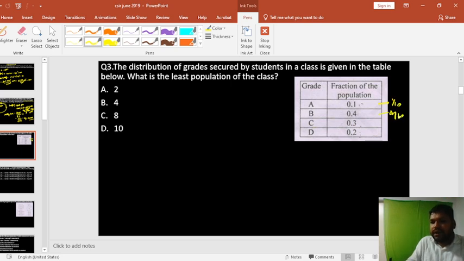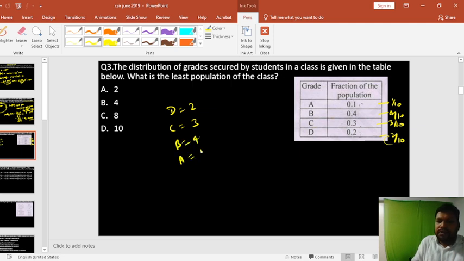Then 4 by 10, 3 by 10 and 2 by 10. It means out of 10 students, 2 got grade D, 3 got grade C, 4 got grade B and 1 got grade A. If you add them, you get the population, which is 10 students.